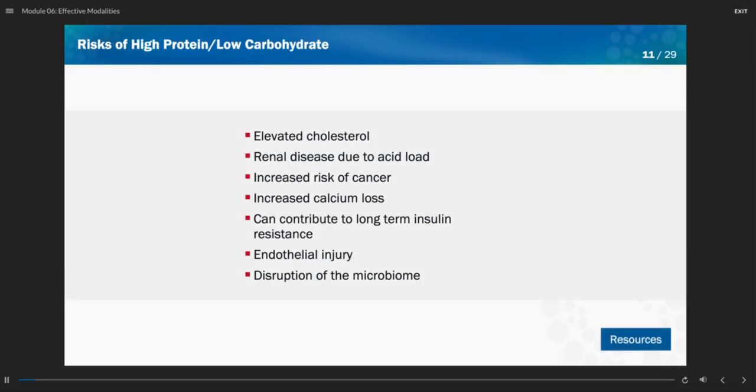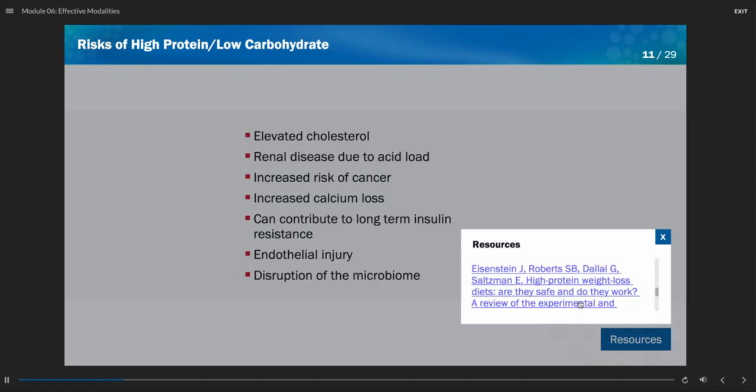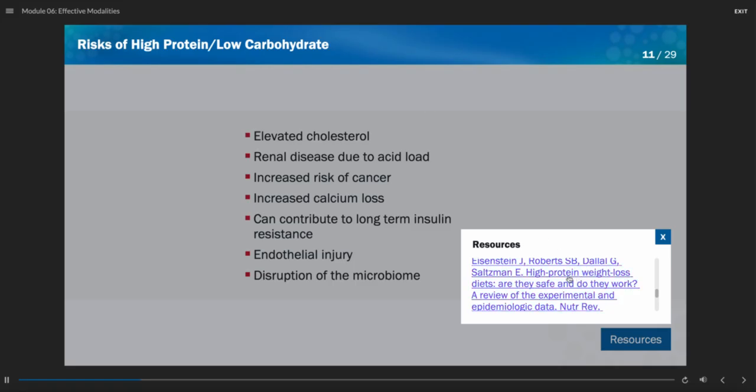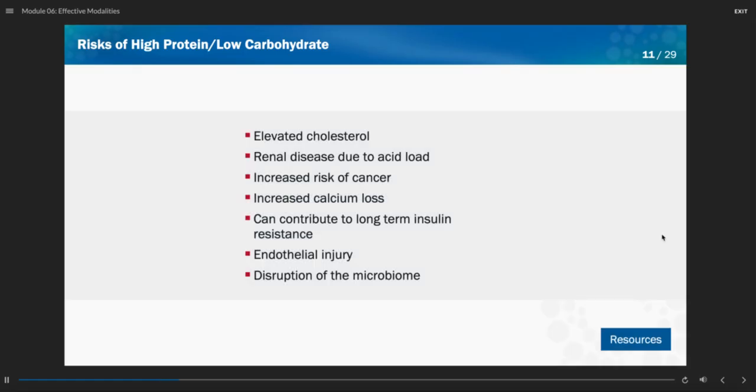But what are the risks of utilizing a dietary strategy like this? Well, there are some increased risks, as we have seen in longer-term studies looking at the higher saturated fat intakes associated with high meat-based diets. They are elevated cholesterol and renal disease due to the increased acid load.